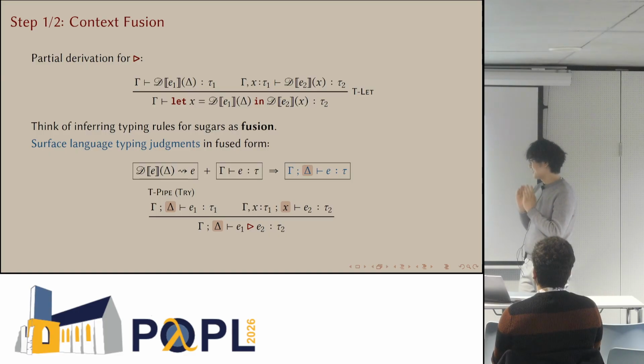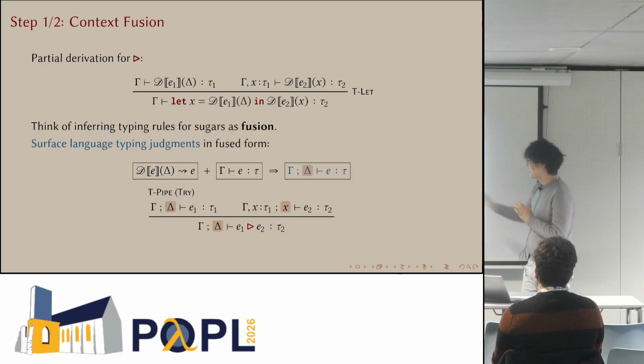So both gamma and the desugaring context delta will appear in the surface language's typing rule. This is very natural because the language will have remote interactions. So then, with this partial derivation of the pipe, we can try to rewrite the premises and the conclusion in the new form.